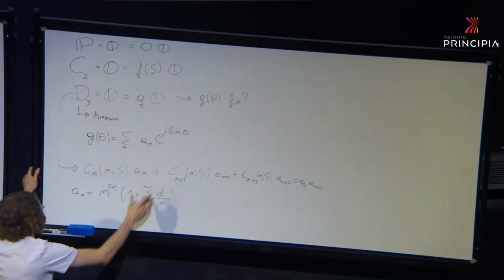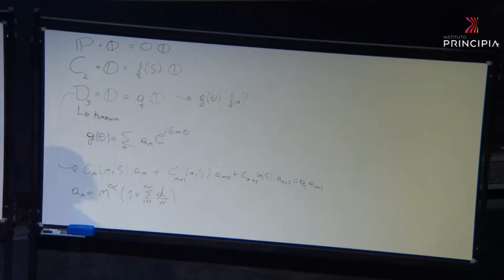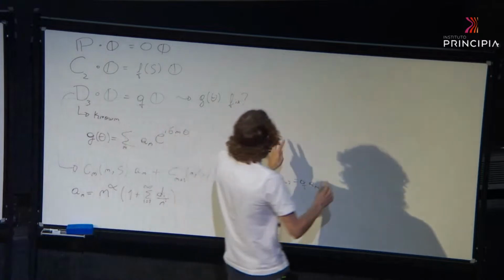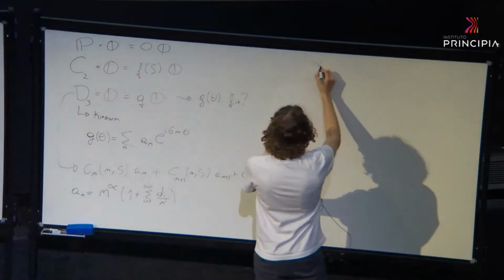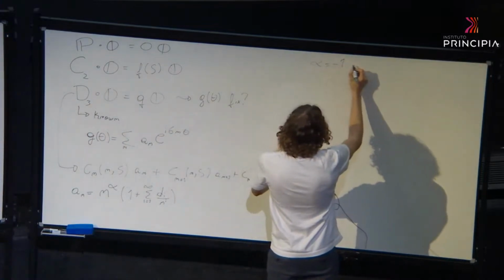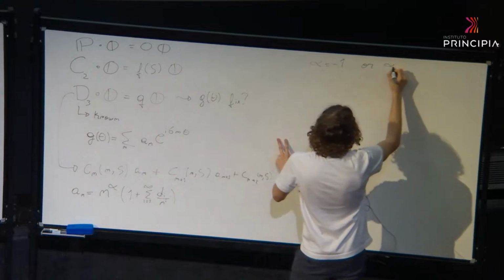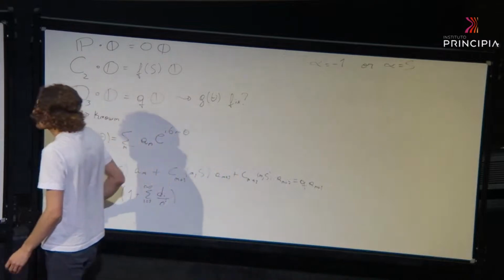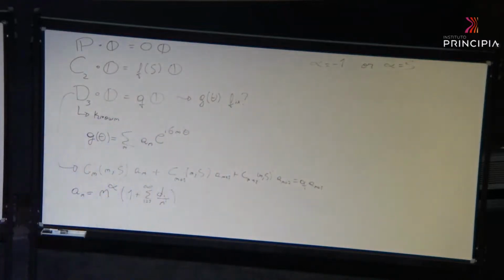And we plug this expansion in the recursion relation and analyze. And what we find is that alpha must be either -1 or s. So a general solution would be a linear combination of these solutions that either decay in Fourier space as 1 over n, or they grow as n to the s.